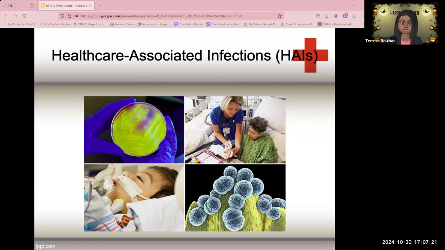An SSI is defined as an infection occurring at or near a surgical incision within 30 days after a procedure. You may want to know that. SSI is defined as an infection occurring at or near a surgical incision within 30 days after a procedure, meaning that it is so important for us to understand and help prevent these infections.